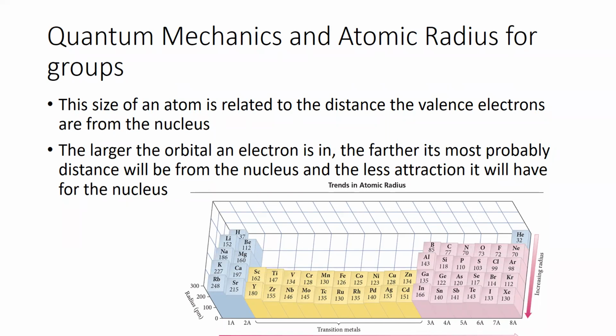And the next thing we're going to talk about is size of atoms. The thing that determines how big an atom is, is the distance from the nucleus to its valence electrons. So the bigger the energy level of the valence electrons you have, the bigger the atom, right?